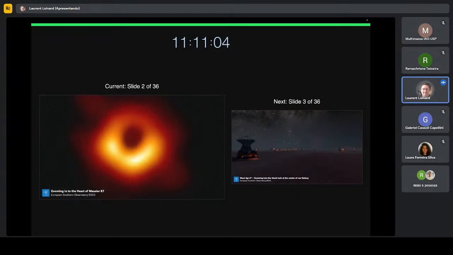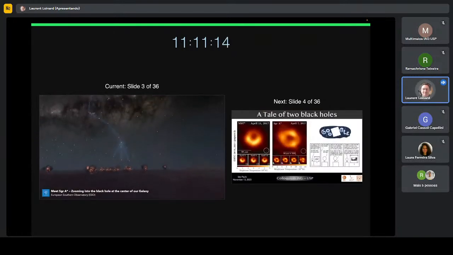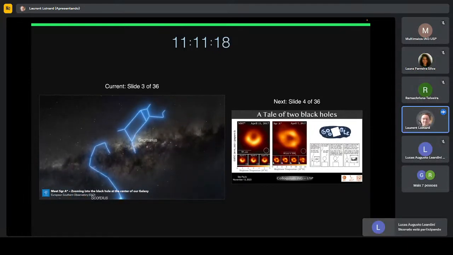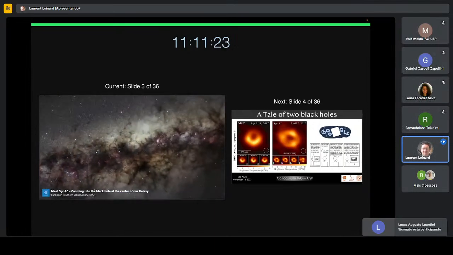The image that we obtained with the EHT is the image of this black hole at the center of M87. I'm going to spend a lot of time on this black hole. And then the other image that I published just last year is the image of the black hole at the center of our own Milky Way, in the Sagittarius constellation.